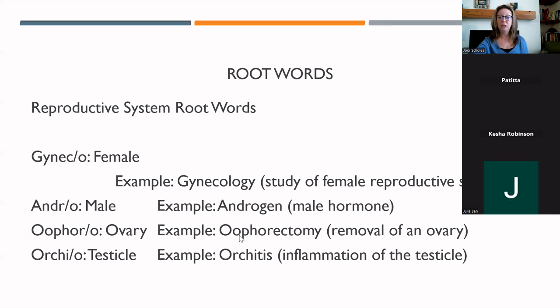I have never called the removal of the ovaries an oophorectomy, but look at here, ectomy. It means taking out, right? Good. Orchi, again a new one for me, the testicle. Orchitis, inflammation of the testicle.